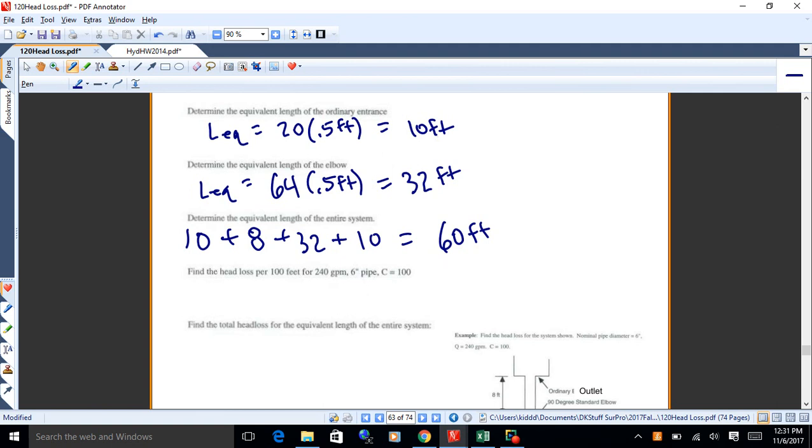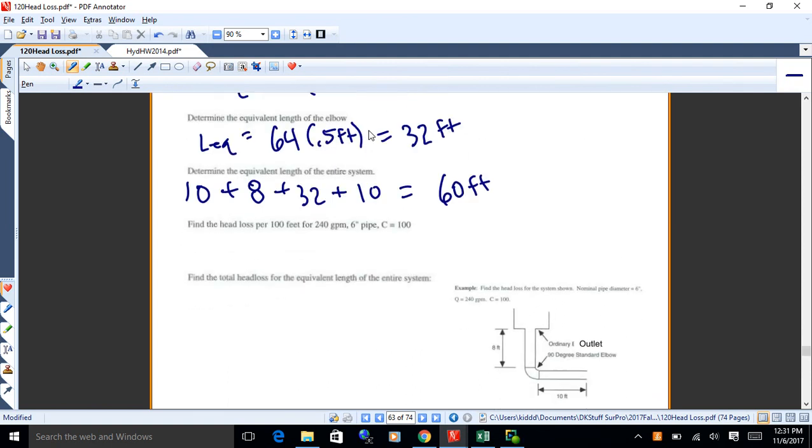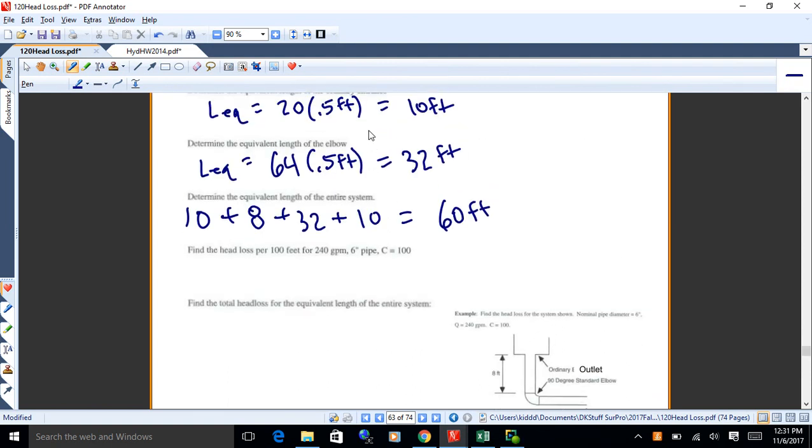So 240 gallons per minute, 6-inch pipe. Not much.